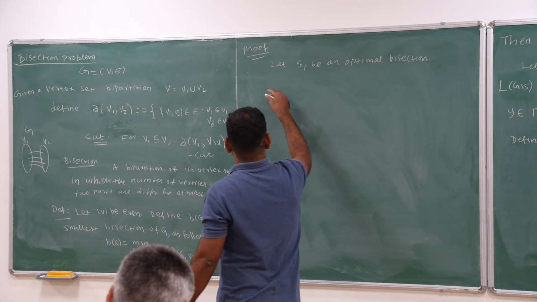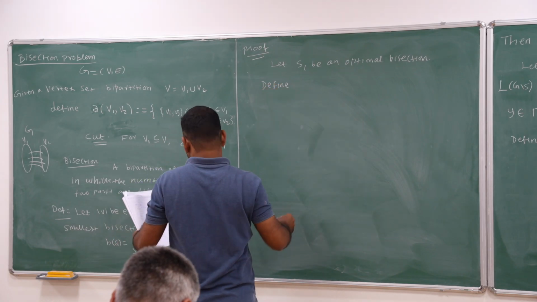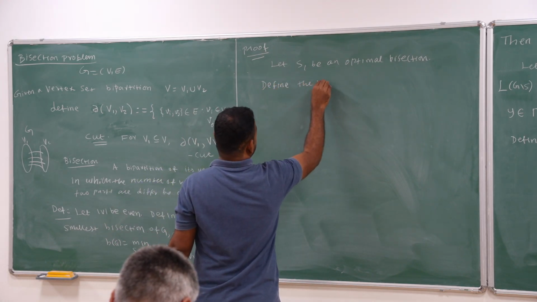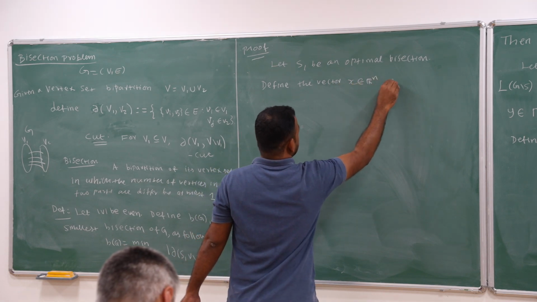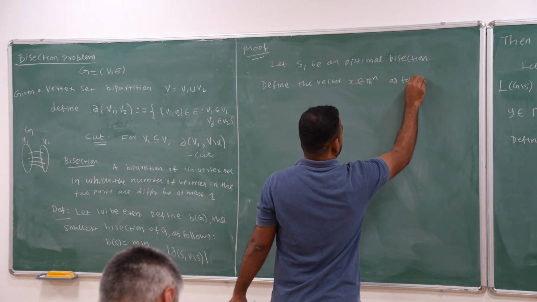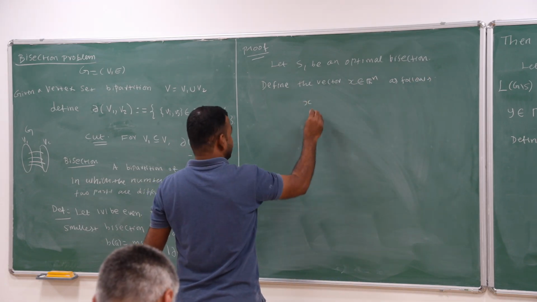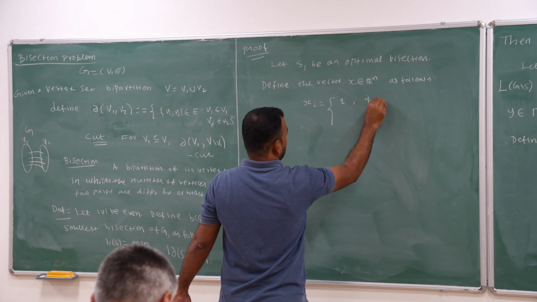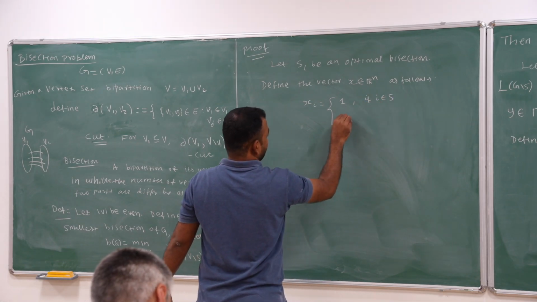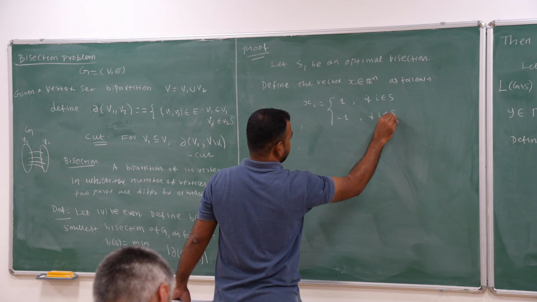Then corresponding to this S1, define the vector x in R^n as follows. This is like the characteristic vector. Xi is defined to be equal to 1 if i is in S, and minus 1 if i is not in S.